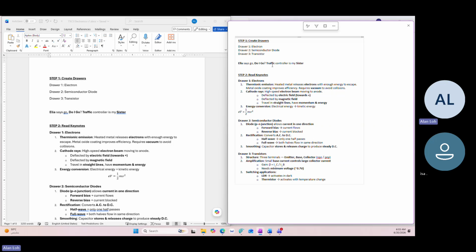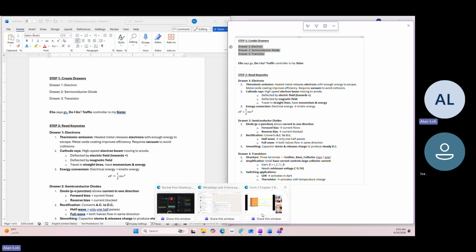Do I go? Sounds like diode, right? Diode. Okay. Do I go? Diode, right? And the traffic controller is my sister, the transistor, right? So you have 3 drawers: electron, semiconductor diode, and transistor.